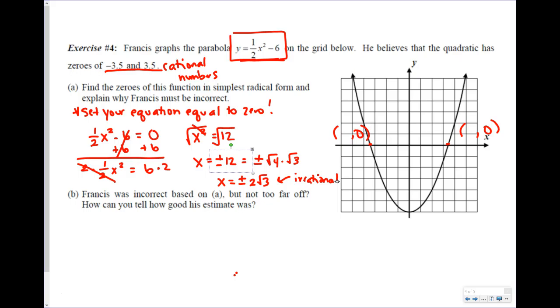In fact, the next question says Francis was incorrect based on A, but was he far off? So I have x equals 2 square root of 3, and my other 0 is x equals negative 2 square root of 3.